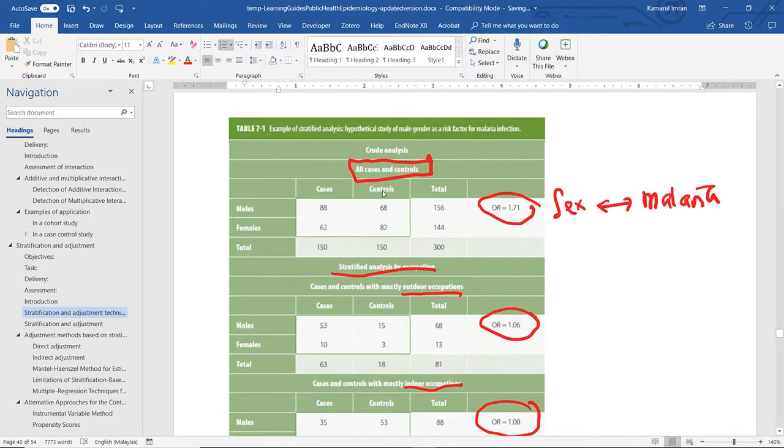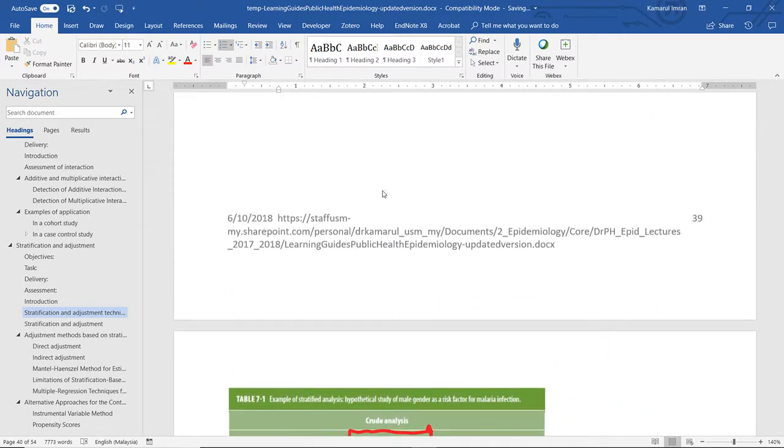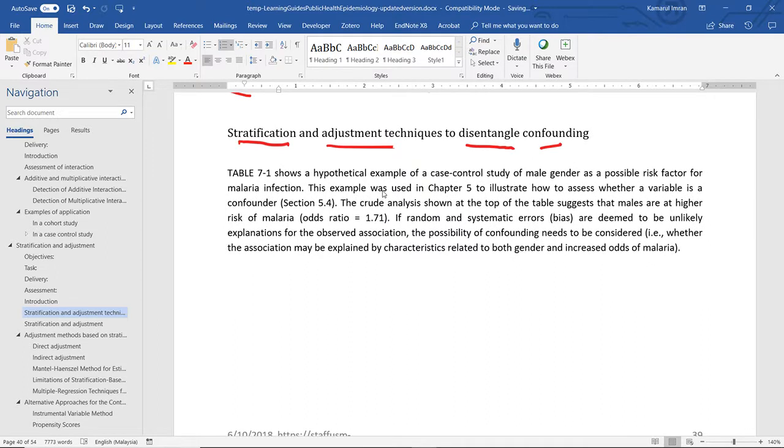So let's go and see the caption. This is a hypothetical example, a case control study. Male gender is a possible risk factor for malaria infection.